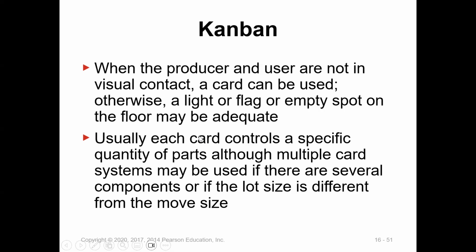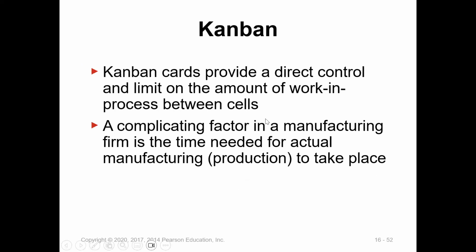Each card contains a specific quantity of parts, although multiple card systems may be used if there are several components, if the lot size is different from the move size. Kanban cards provide direct control and limit on the amount of work.